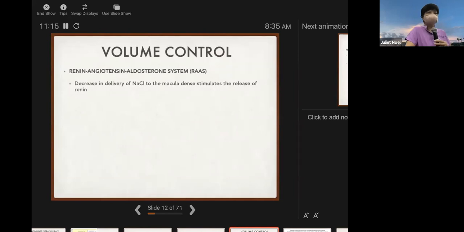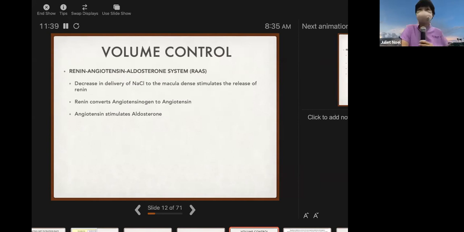Renin will convert angiotensinogen to angiotensin, which will stimulate aldosterone. At the same time, angiotensin 1 will be acted on by the ACE to convert to angiotensin 2, a potent vasoconstrictor.